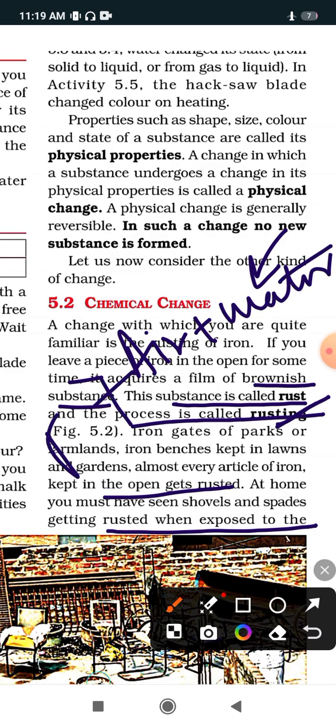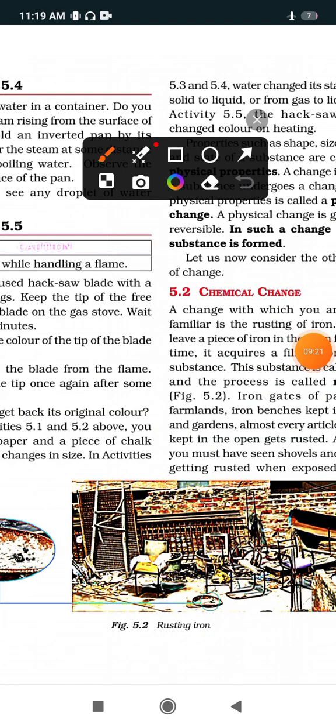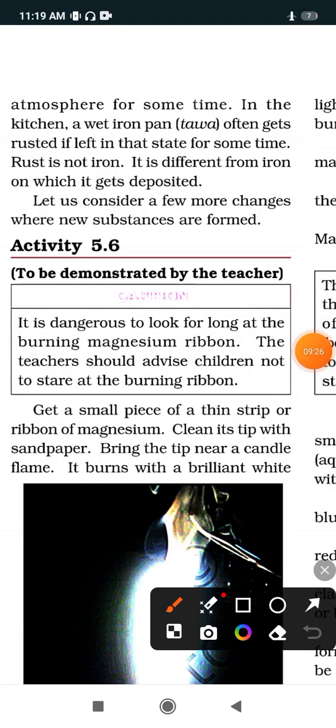When it comes in contact with air and water, it will rust. When iron gets in contact with air and water, it will form a new compound, Fe2O3, iron oxide, which is brown in color. Now see here, the rusting of iron is shown in this figure. In the kitchen also, clear, a wet iron pan gets rusted when left in that state for some time.